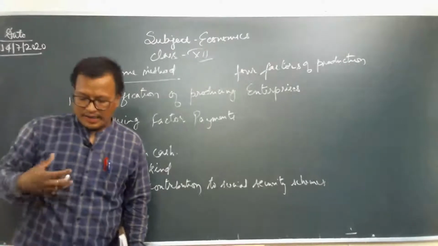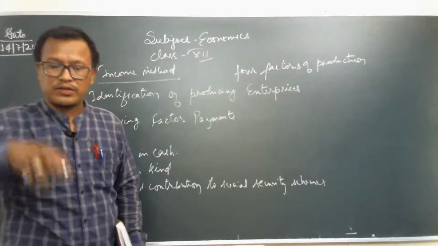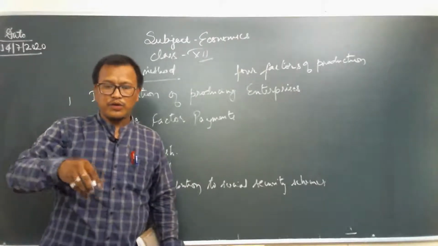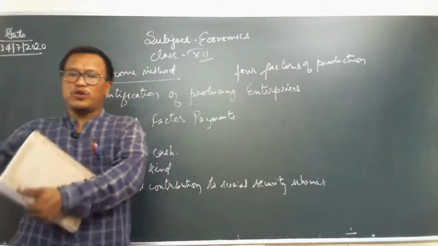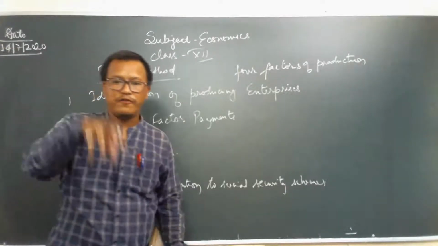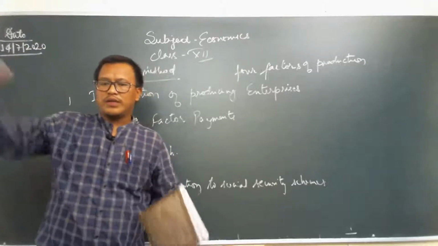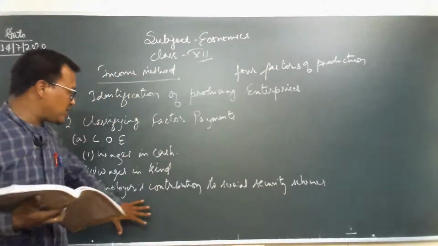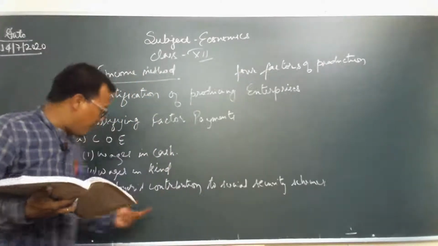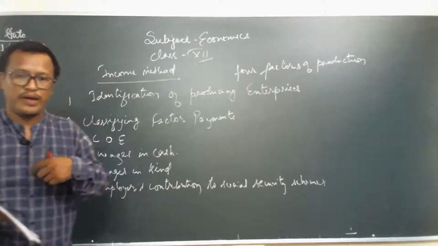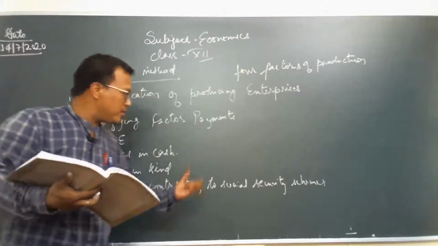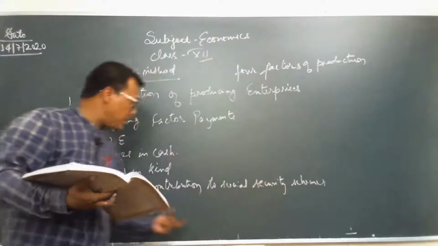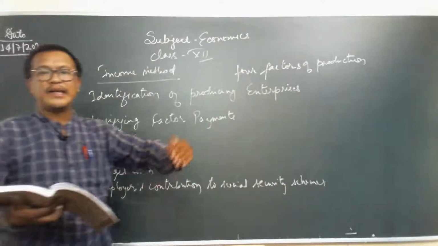For example, let's say I am working in this institution, I am the employee of this institution. So these contributions are made by the employer, not by the employee. I cannot make a contribution to the social security scheme. These will be done by our manager and so on.